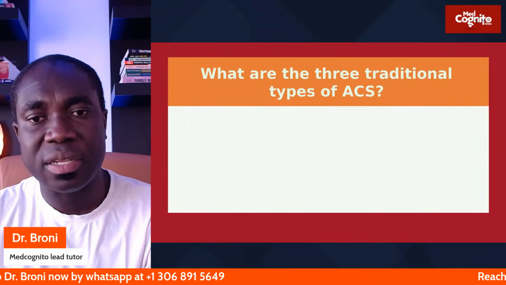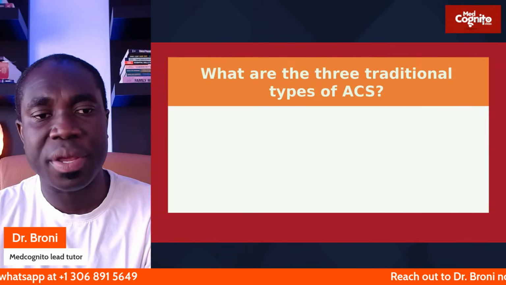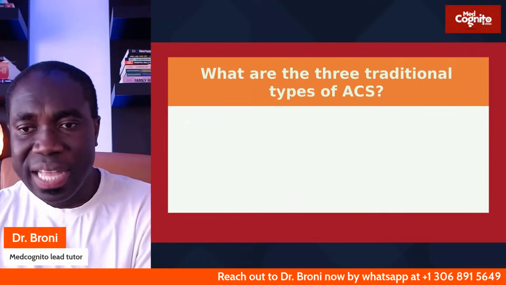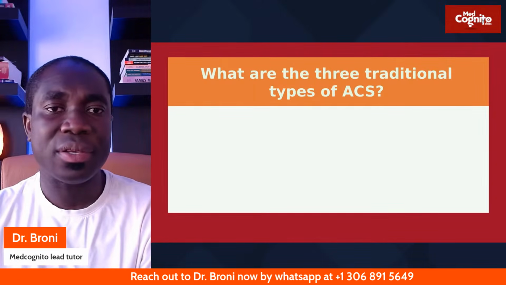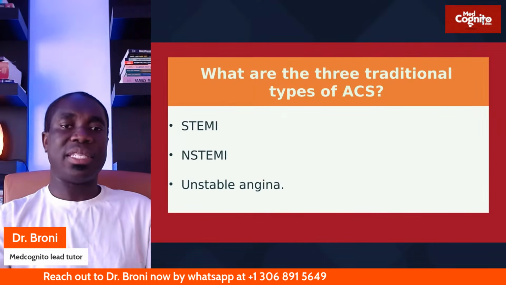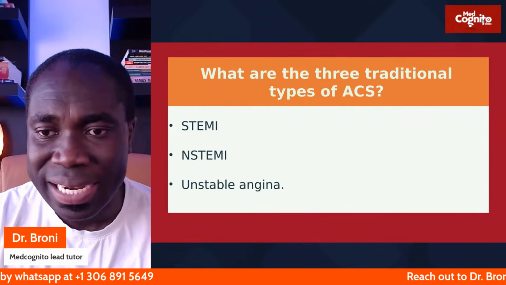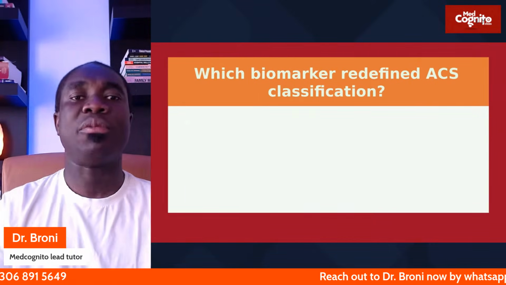Three traditional types of acute coronary syndrome. So, STEMI, NSTEMI, unstable angina. Somebody just got it. STEMI, NSTEMI, unstable angina. Let's go to the next question then, since a lot of people are getting it.